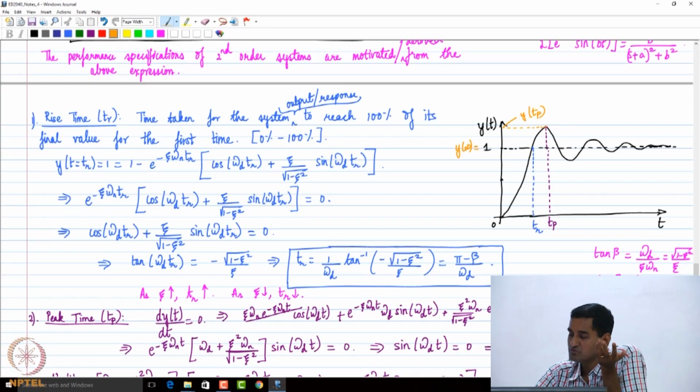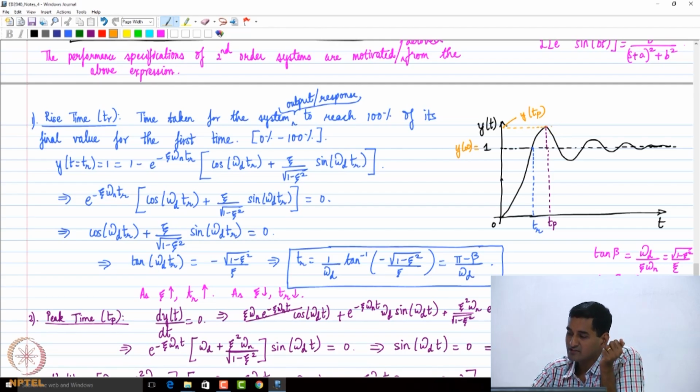Now, what is the maximum peak overshoot? What do you mean by overshoot? Overshoot is the value beyond which the output goes over the steady state value. The question we are asking ourselves is, by how much am I overshooting the final value to the maximum possible extent?